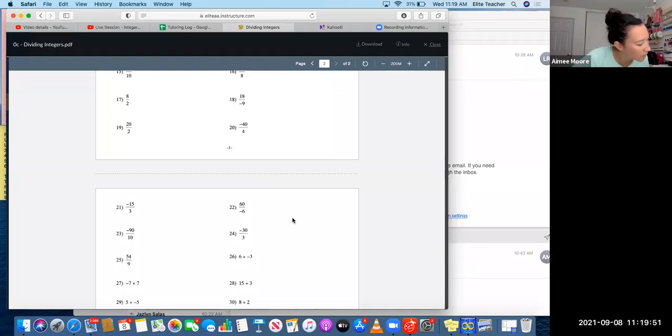For number 14, it is negative 60 divided by 6.